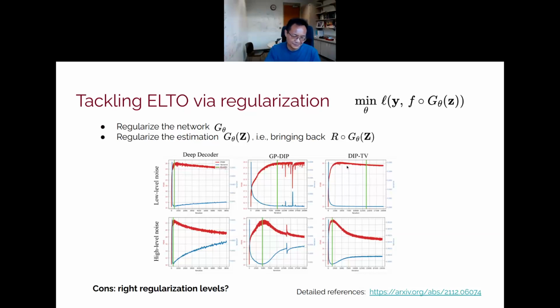You still see a little bit, but it's not severe. But for the same set of parameters, if we move to high-level noise, then the overfitting is still there and it's significant. So that means it is tricky to find the right regularization level. So this is probably not that universal a solution.